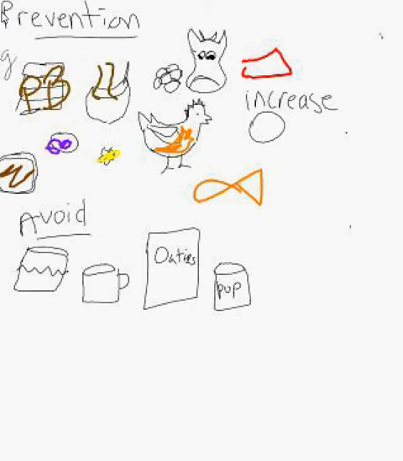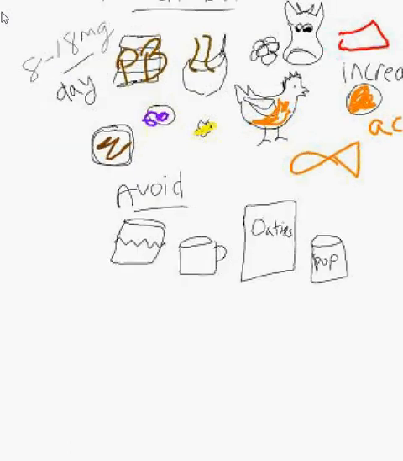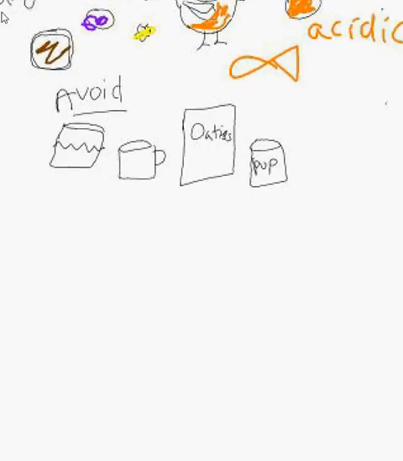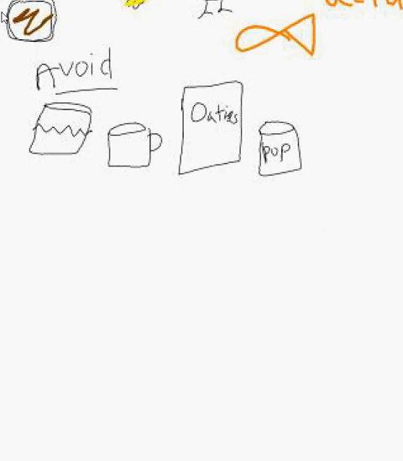Iron absorption can be increased with vitamin C, so oranges or any acidic food actually increases the absorption of iron. Certain foods inhibit the absorption of iron, so calcium-containing foods and calcium-containing medications should be avoided with the iron supplementation.